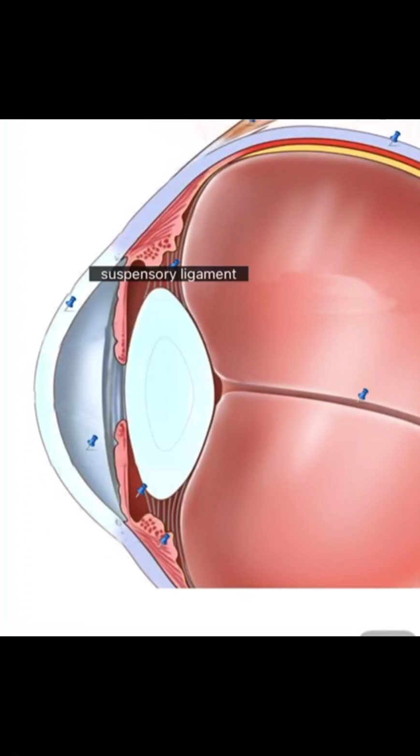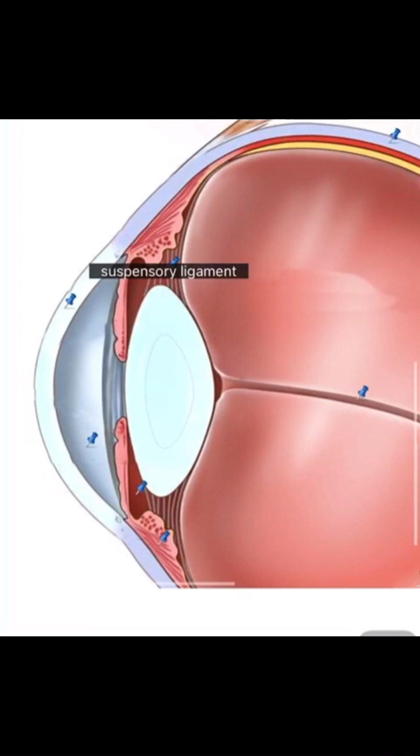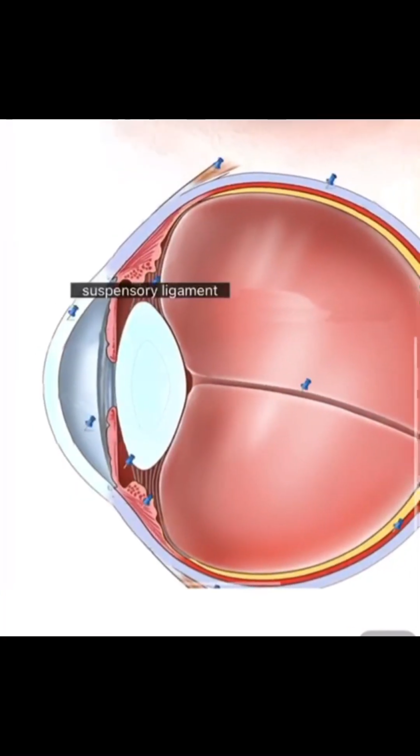The white colored portion in this picture is the lens. So the ciliary muscles control the thickness of the lens. And now the function of secretory epithelial cells.